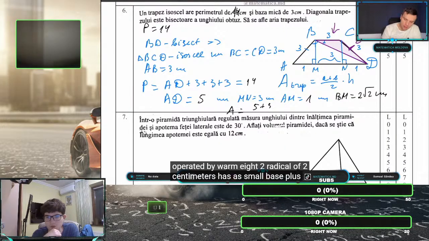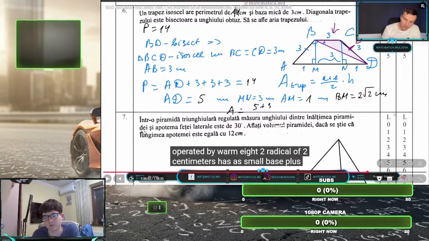Okay. BM is gonna be that from Pythagorean theorem, because it's gonna be something like that. 9 is equal to BM squared plus 1. So BM is gonna be 2 square root of 8.